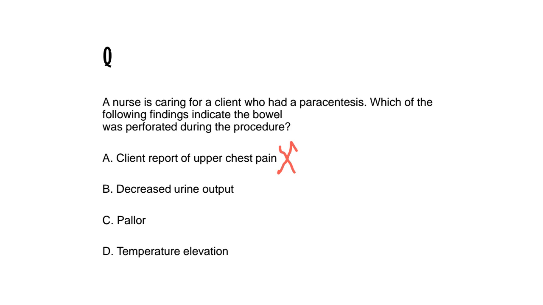Decreased urine output would refer to kidney issues and not necessarily a bowel perforation. Pallor is just paleness. It doesn't necessarily mean you have a bowel perforation. The only one that does mean that GI contents spilled through a bowel perforation into the abdominal cavity is temperature elevation.